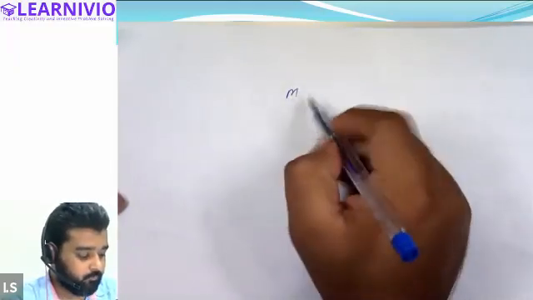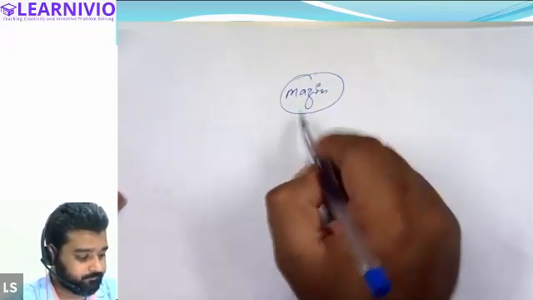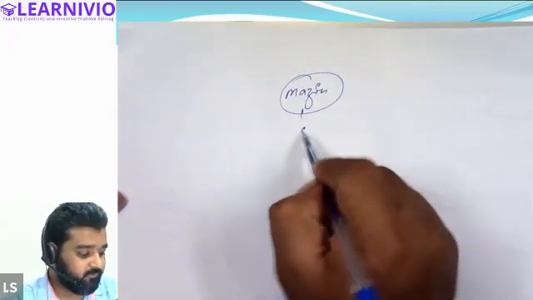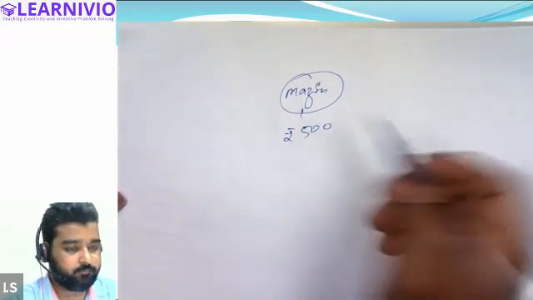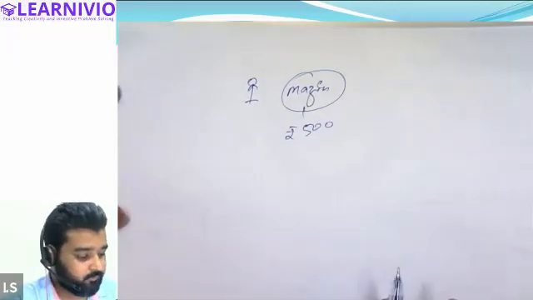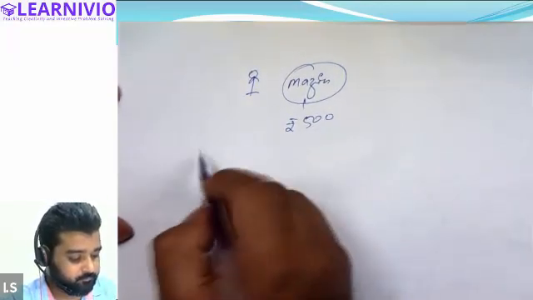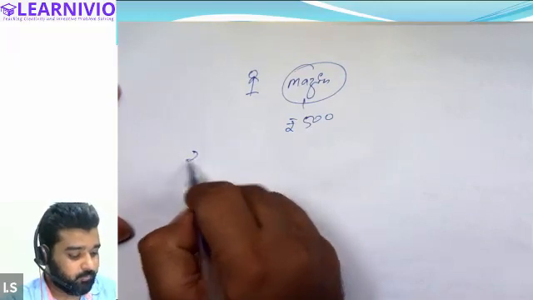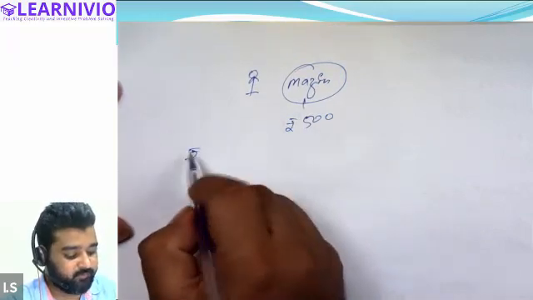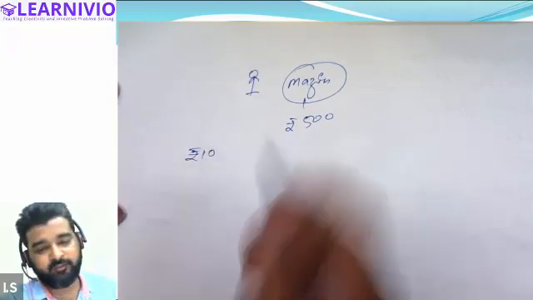Suppose I have taken 500 rupees from Mazin. All right. I have taken 500 rupees from Mazin, and I am returning him 500 rupees in the form of 10 rupee notes.